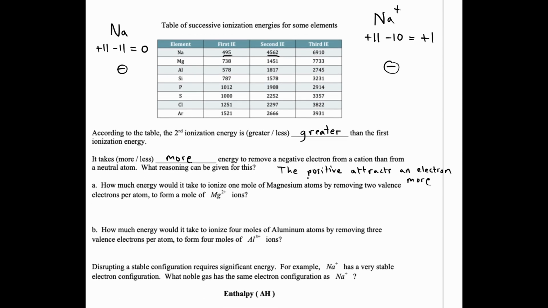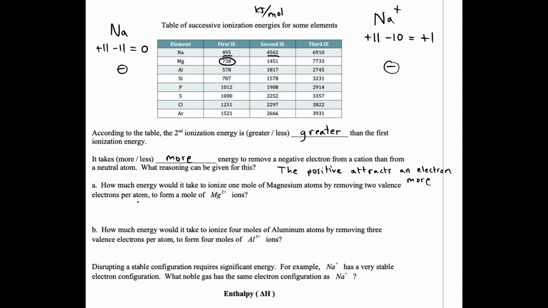Next question says, how much energy would it take to ionize 1 mole of magnesium atoms by removing 2 valence electrons per atom to form 1 mole of magnesium 2+ ions? So the values given in this table are kilojoules per mole. So if we just go to magnesium, we'll see how much energy it takes to remove the first electron.